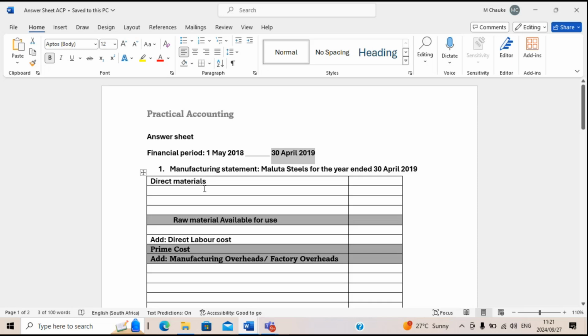So now we need to go and calculate our direct materials, right? Our direct material costs.